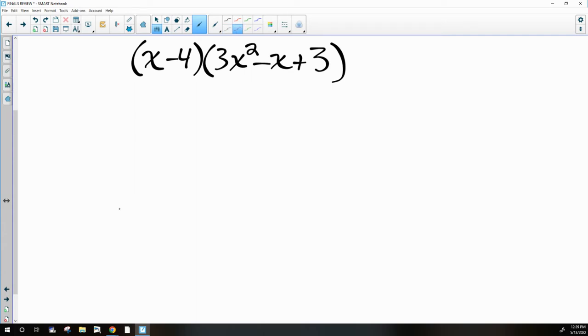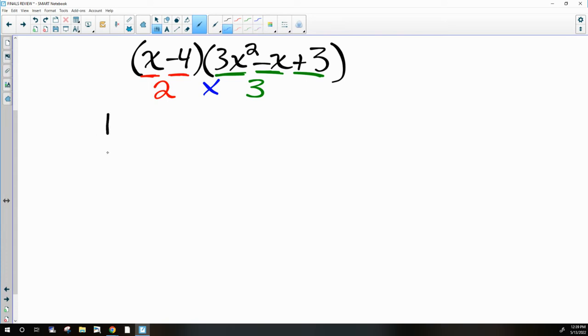A good way for creating your box is to first figure out how many terms our polynomials have. How many terms are in the first? 2. How many terms are in the second? 3. So we need to make a 2 by 3 box, 2 columns and 3 rows, or the other way around.